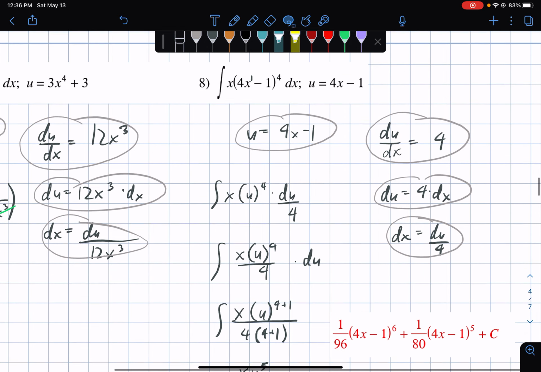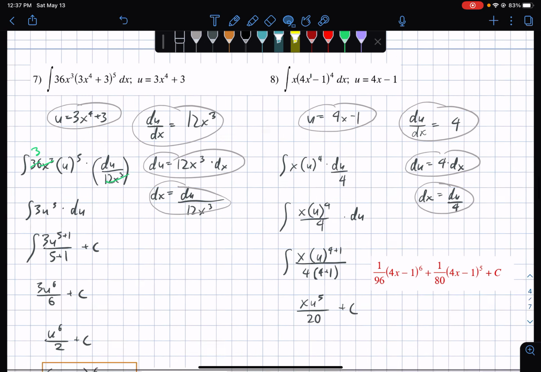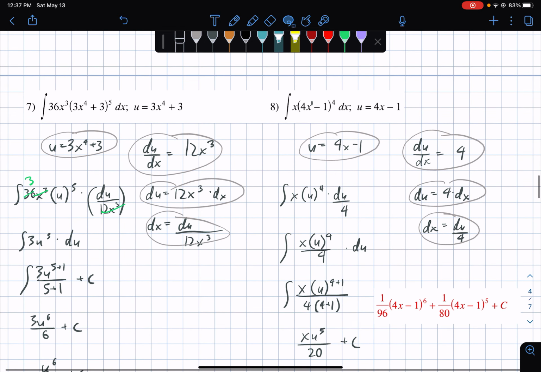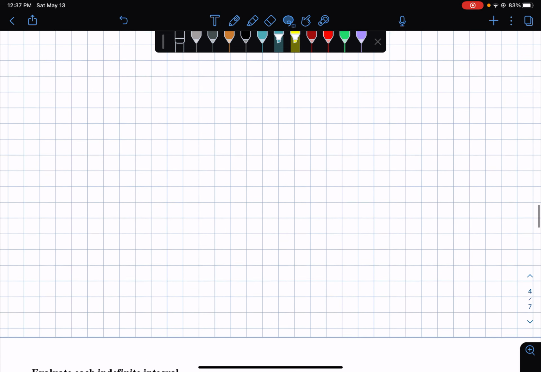Mathway has a different answer. Let's try number 8 again. I'll see another method.